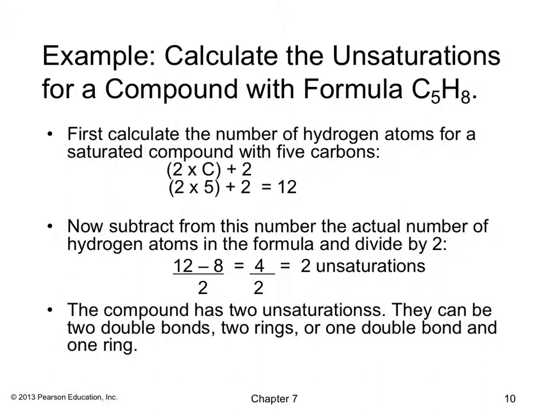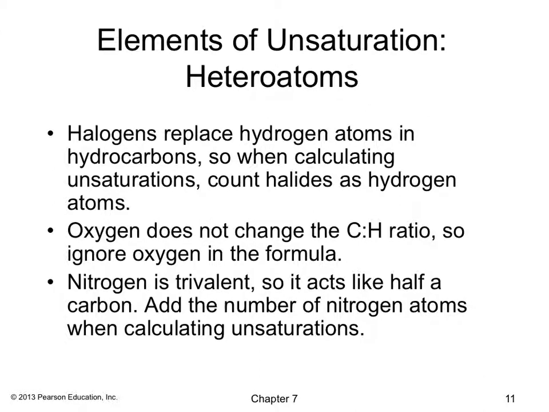Then subtract the actual number of hydrogen atoms in the formula and then divide by 2. So 4 divided by 2, there's 2 degrees of unsaturation. And it could be in the form of at least 2 double bonds, 2 rings, 1 double bond and 1 ring, etc.